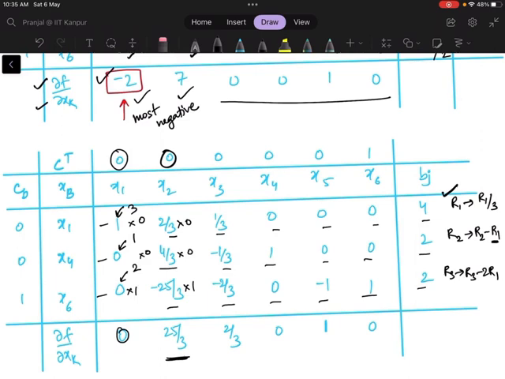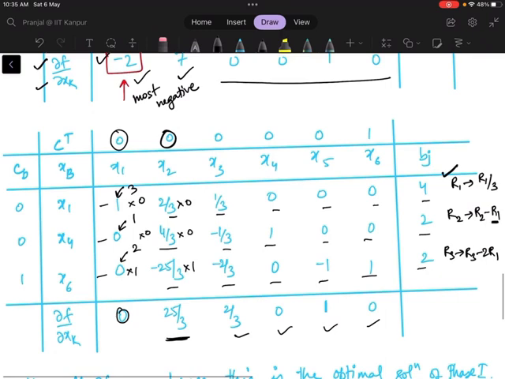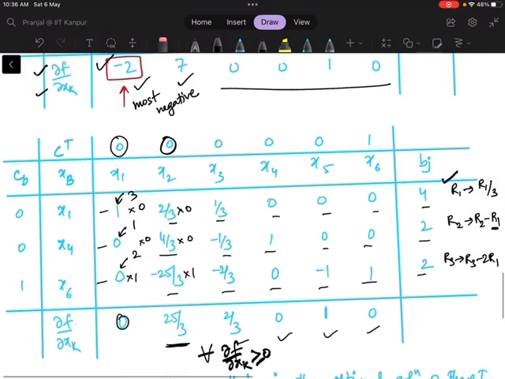Following the same process, this will become 2 by 3, 0, 1 and 0. Please note that all these ∂f/∂xk are greater than or equal to 0. So this means that this point has to be an optimal point.